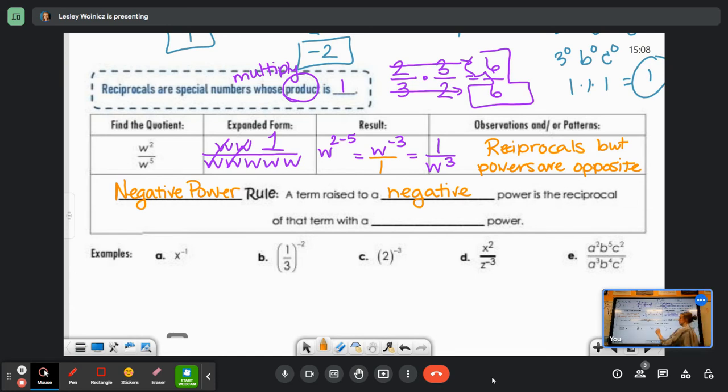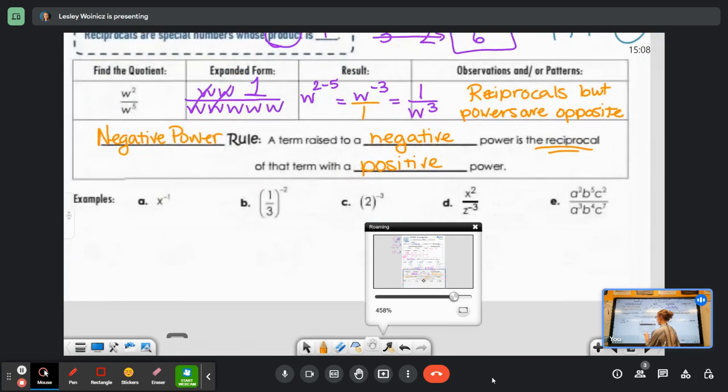Positive. Now, that is a lot of verbiage. Okay, it's kind of a lot to get used to. In practice, it's a lot easier than that. So we're going to do a few examples and then we'll look for some more patterns and examples on the back, okay?